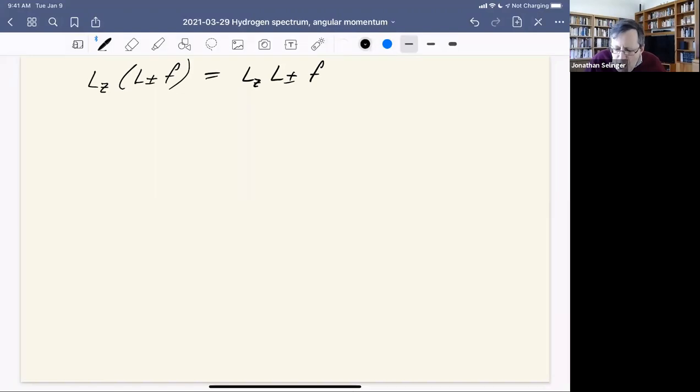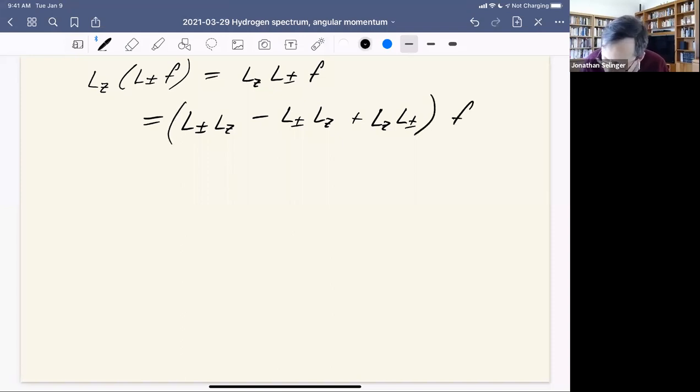But we know it matters which order they are in. We know exactly how much it matters, right? This is equal to L plus or minus LZ, and then minus L plus or minus LZ plus LZ L plus or minus, all of this acting on F.